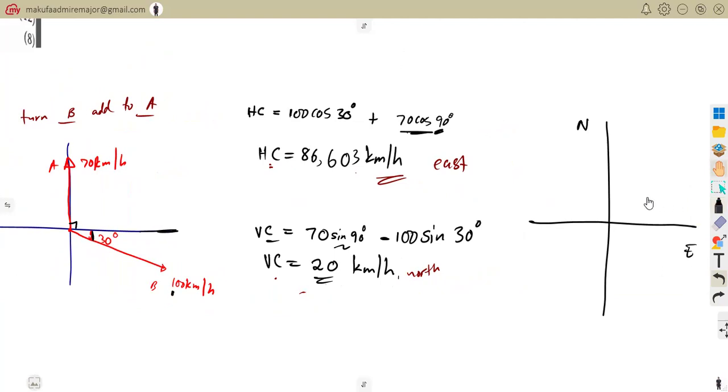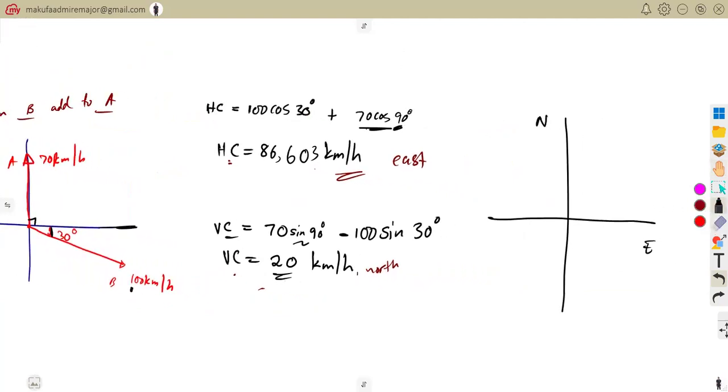So in the first quadrant, how do you present the triangle? We are back to those triangles that we were having. In the first quadrant, our triangle is going to be like this from our trigonometry. This is our horizontal, 86.603, and this is our vertical, which is 20.